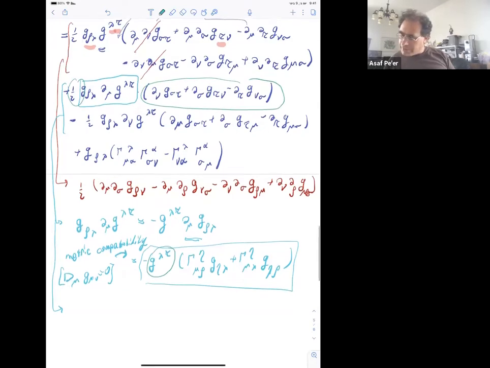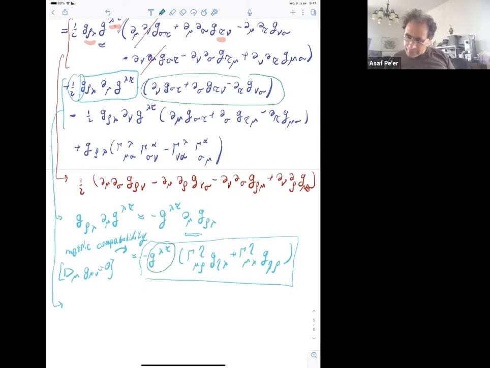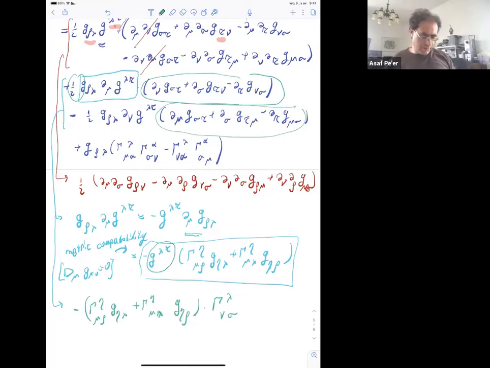So I can write this down as minus gamma eta mu rho g eta lambda plus gamma eta mu lambda g eta rho times gamma lambda mu sigma. And then the second guy here will do exactly the same, but this mu I will replace with a nu.